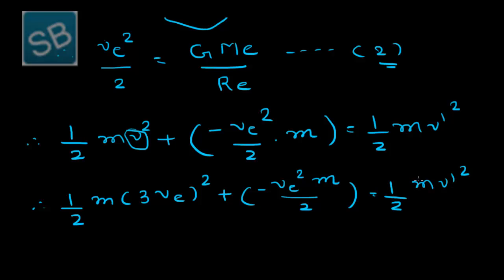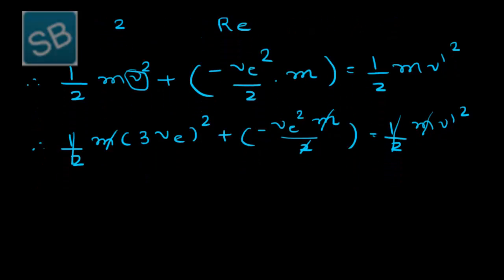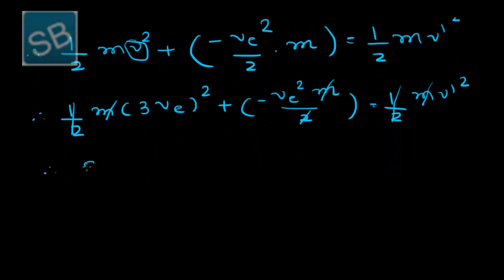Now see, this is half m from here, half m from here and half m from the first term, I am getting cancelled out. And therefore my equation will look like 9VE square minus VE square is equal to v dash square.